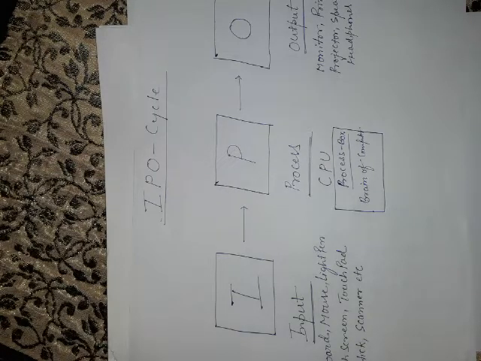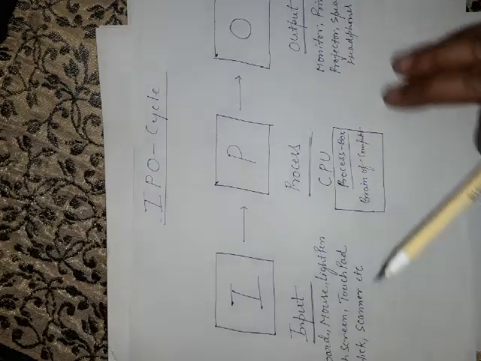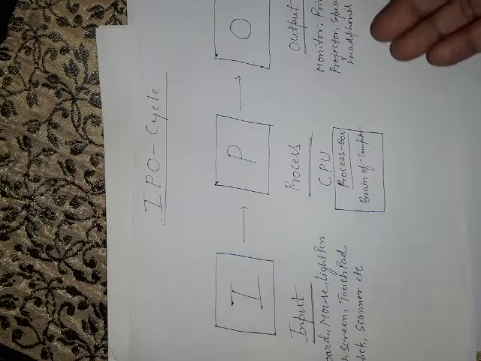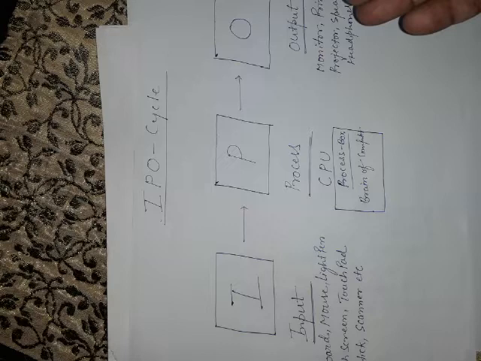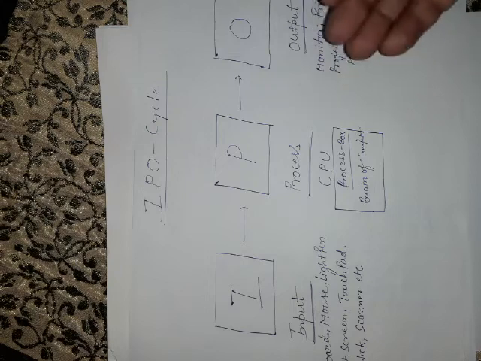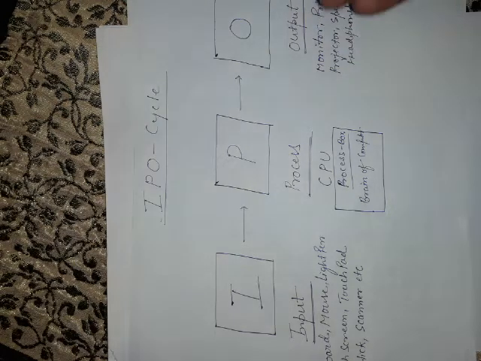A computer performs tasks in the same manner as we do our day-to-day activities. For example, when we want some sweets, first we take some money, go to the market and buy sweets, and finally get the sweets as an output. In the same manner, the computer takes data from the input devices, processes it and displays the output.